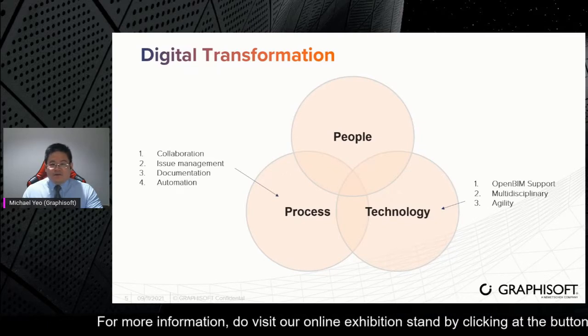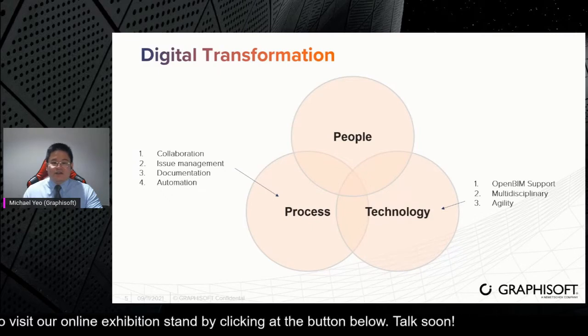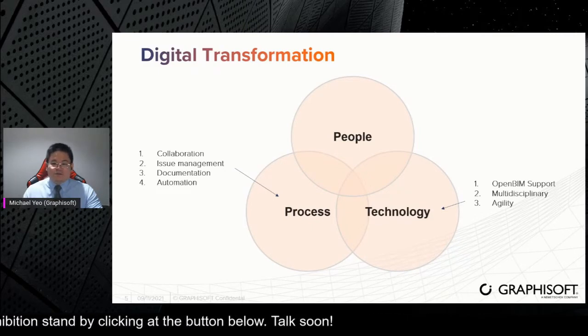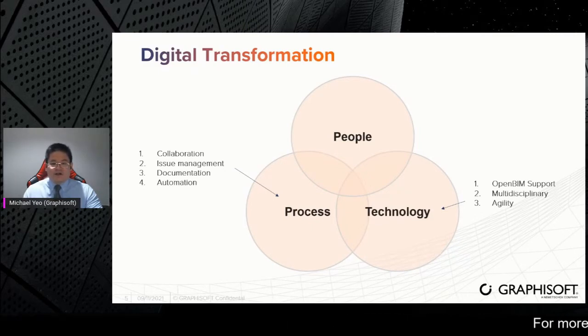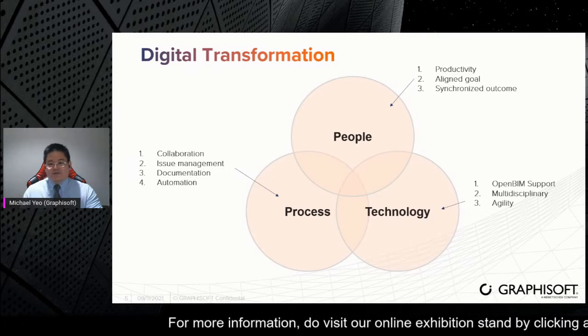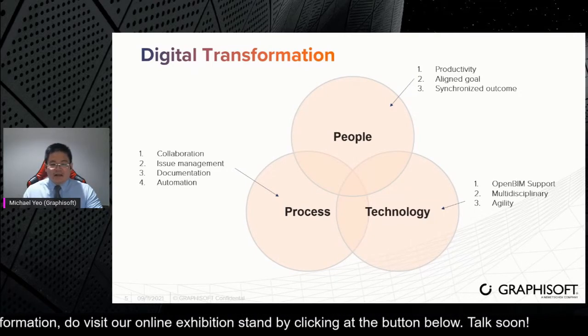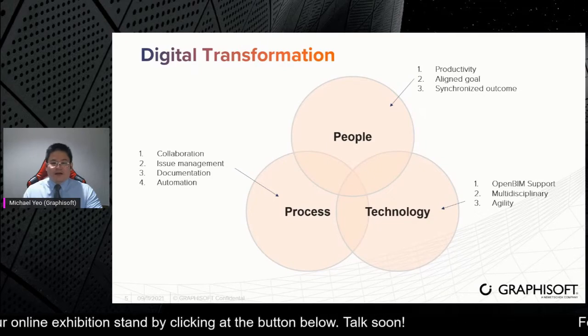From the process point of view, it needs to have the ability to enable team collaboration, issue management, provide accurate documentation, and automations. The platform should increase productivity throughout the whole project cycle and align everyone's goal towards a synchronized outcome.